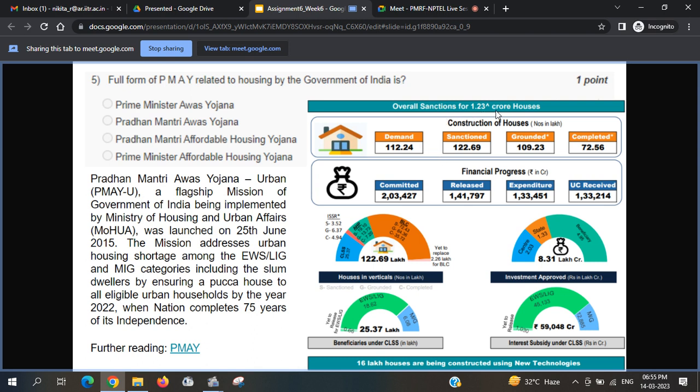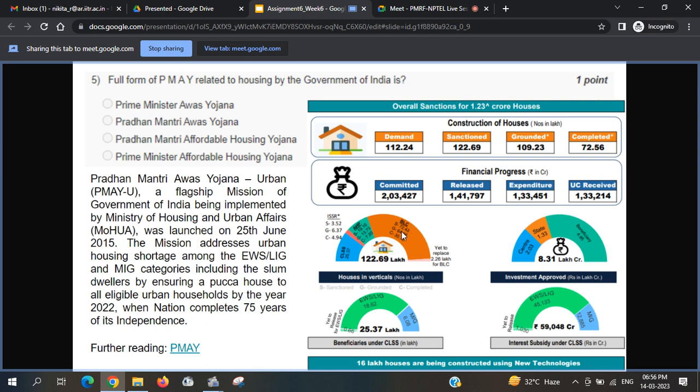So you can see overall sanctions of 1.23 crore plus houses. So you can see what the demand was, then how many houses have been sanctioned, how many have been grounded, and how many have been completed as a part of this project, then how much financial aid has been committed to this project, and then you can see construction of housing in different verticals. So there is CLSS, AHB, and BLC.